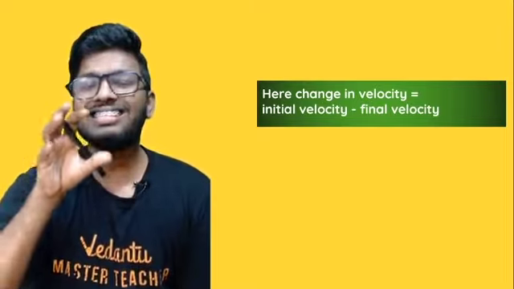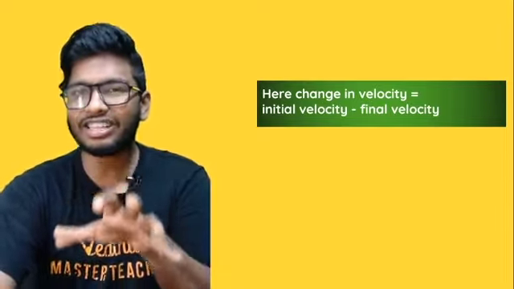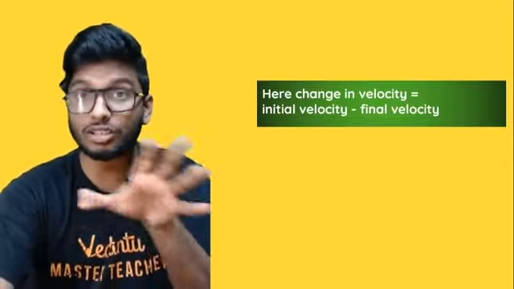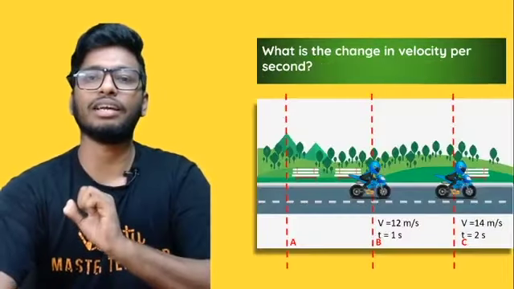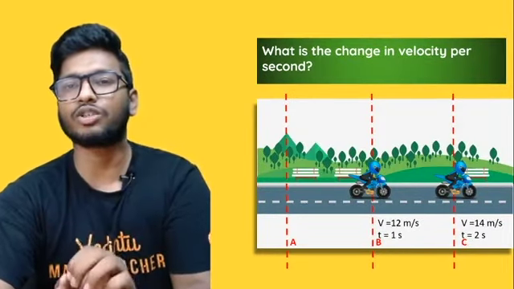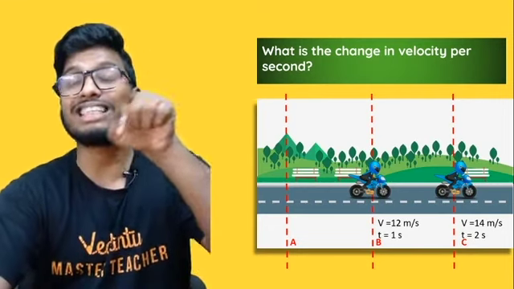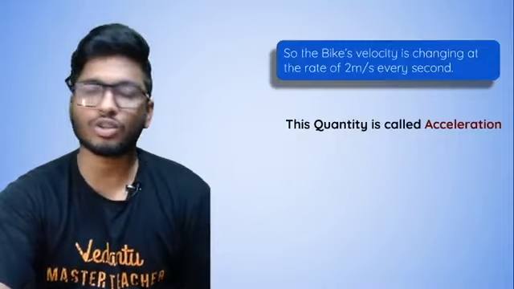There is a quantity that tells us the relationship between the change in velocity and time. That quantity, my friends, is what is called acceleration. This change in velocity per unit time is what is called acceleration.